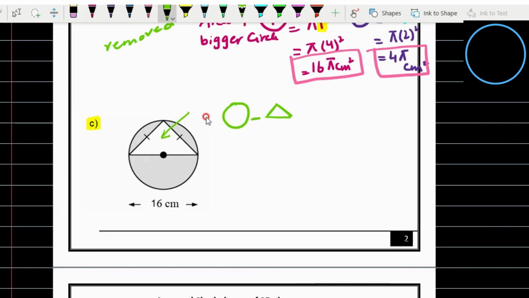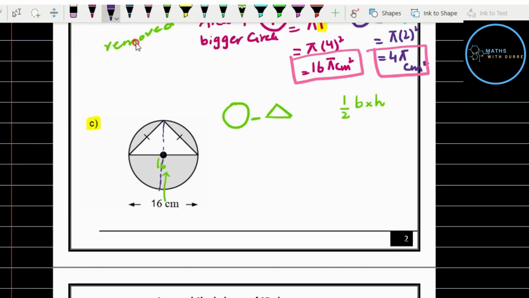Okay. Now, to calculate the area of a triangle, you need the formula of 1 over 2 base into height. Base is the same as 16, but height is not given. How can you calculate the height? You can calculate the height because this line will also be 16. It's also diameter.